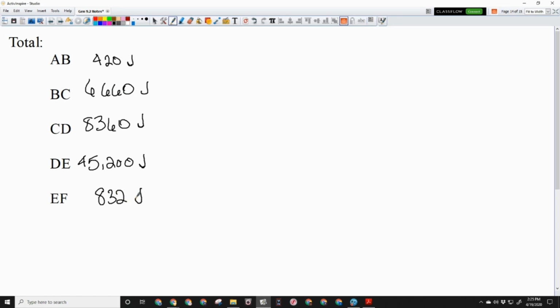832 joules. All right, now all we have to do is add this up, and this is going to be the total amount of energy that's needed to go from negative 10 degrees up to 120 degrees for water.